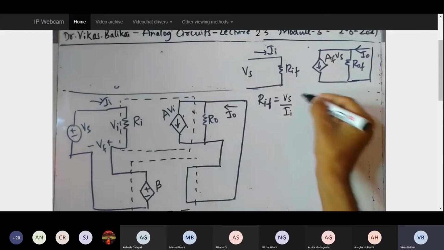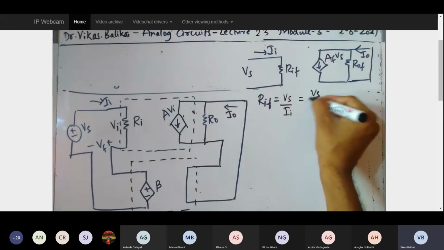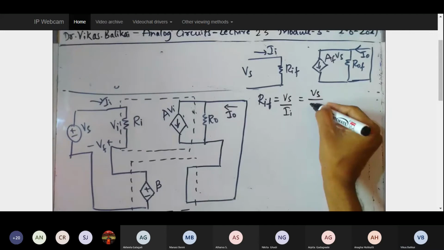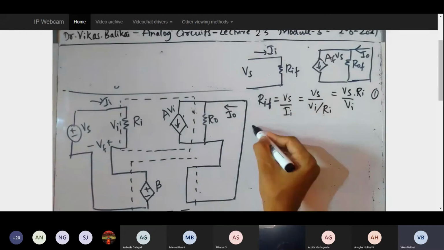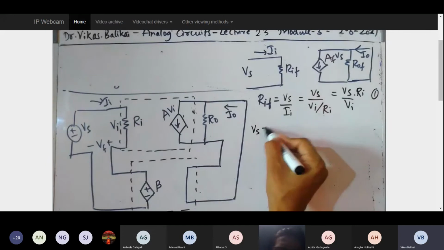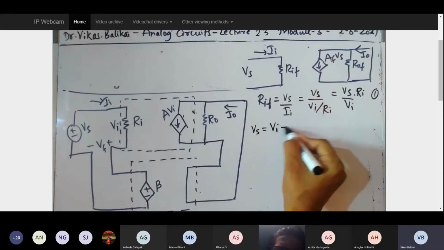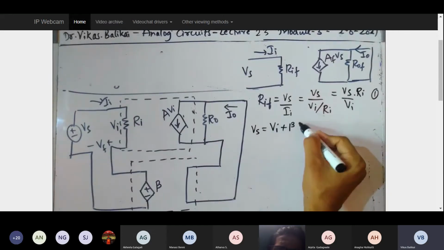So let me try to express everything in terms of voltages. II can be written as VI upon RI, and this will be VS upon VI multiplied by RI. Let me call this equation number 1. And also we know that VS equal to VI plus beta times I naught.